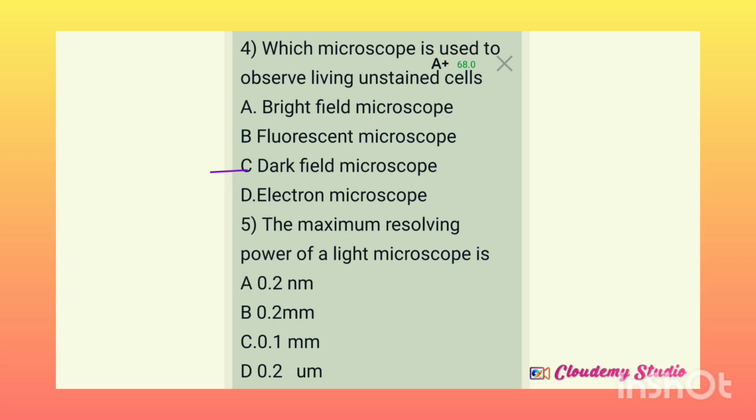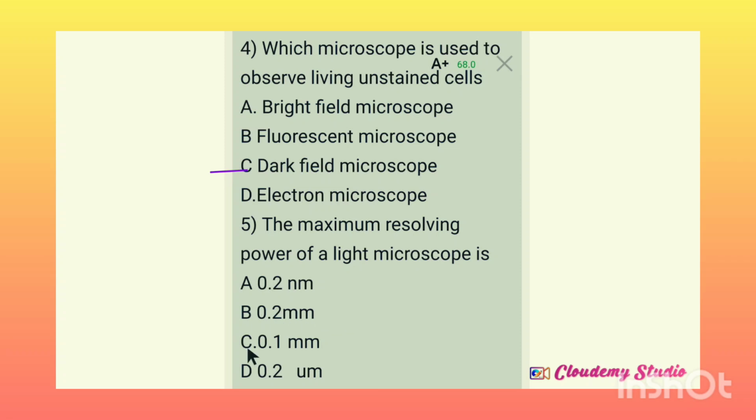In dark field microscopy there is no necessity of a staining procedure, and therefore we can observe living unstained cells.